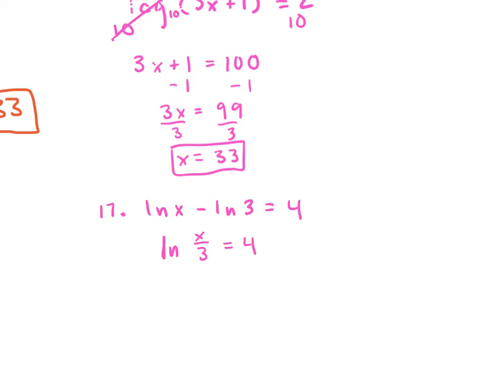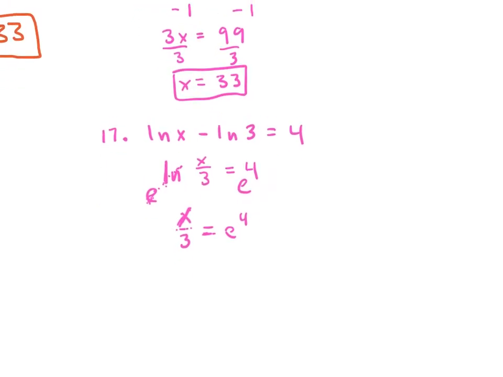So the e and the ln cancel out. So x over 3 is equal to e to the 4th power. So we can put e to the 4th power in our calculator, find out what that is, and then multiply that times 3. So x is equal to 3 times e to the 4th power.